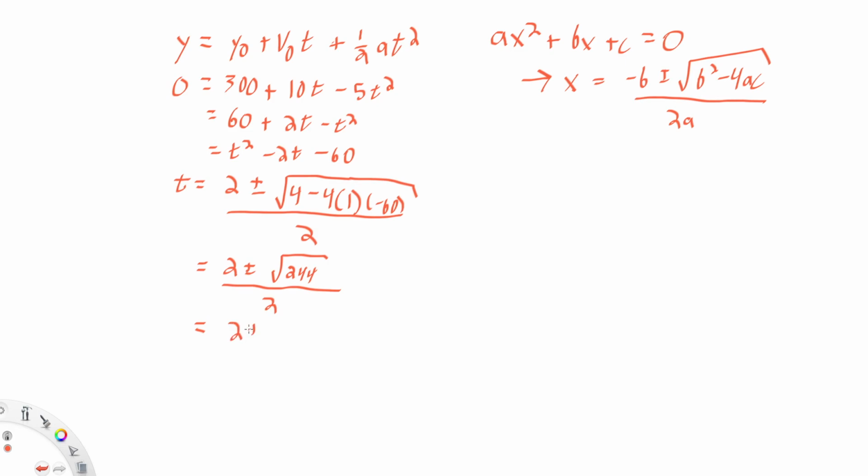So 2 plus or minus 15.5 over 2, which is going to be 1 plus or minus 7 3/4. So we'll get negative 6.75 or positive 8.75.